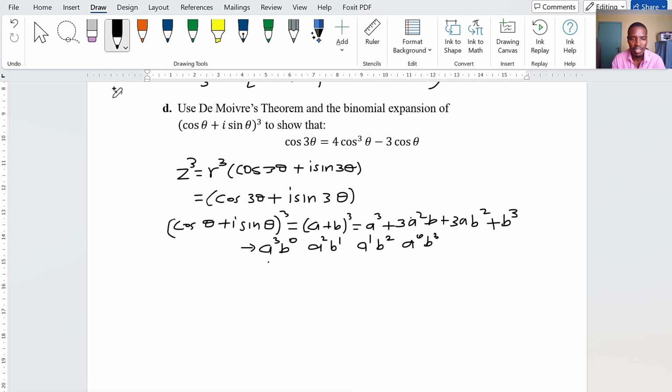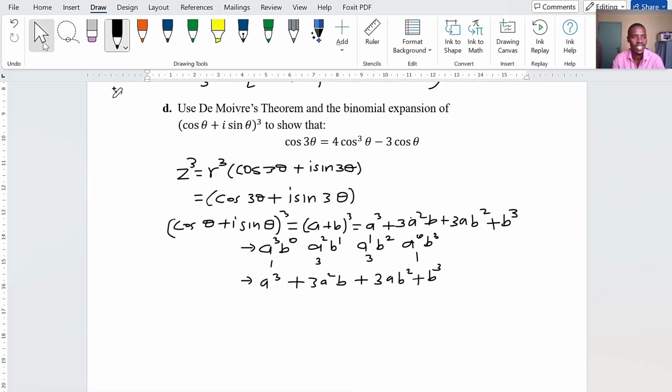From our coefficients of expansion, 1, 3, 3, 1. Then when you put that together, you get a cube, b power 0 is 1, plus 3a squared b, then plus 3ab squared, then plus b cube, because a power 0 is 1.